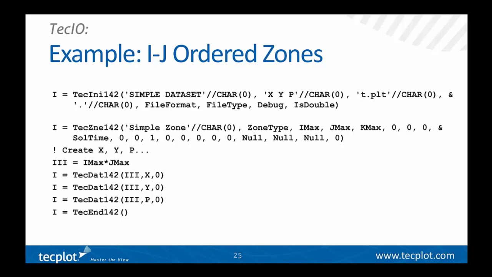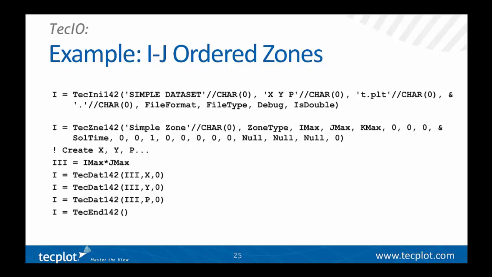That's to make it C friendly. Then a list of variables, the file name. The next one there is the temporary directory. Normally dot is fine, but if you have some disk space issues, you may want to be able to dump temporary files elsewhere. That's relevant really only if you're creating PLT files.